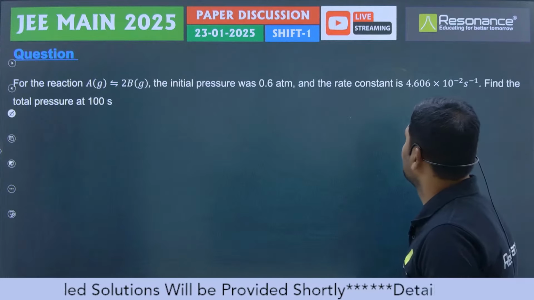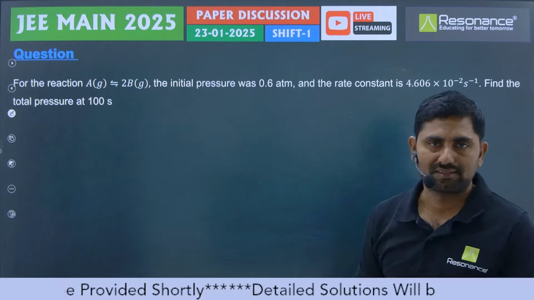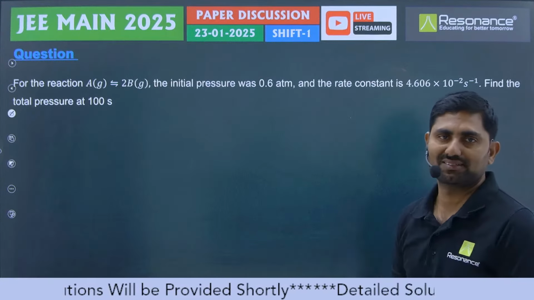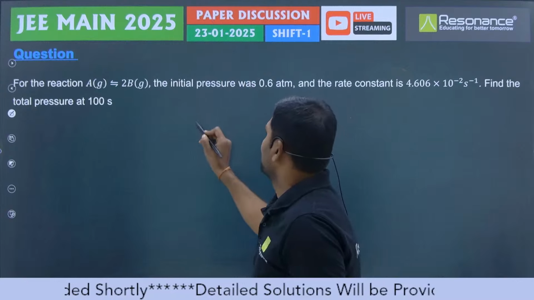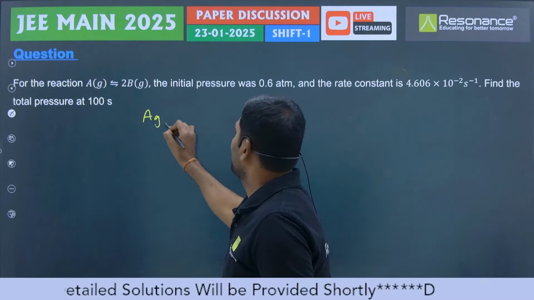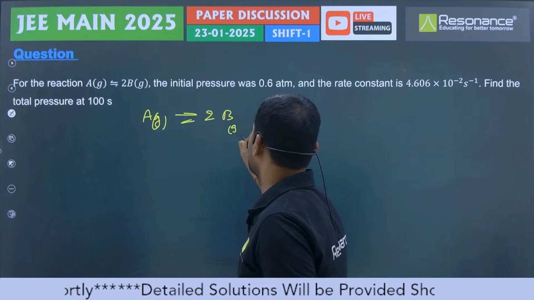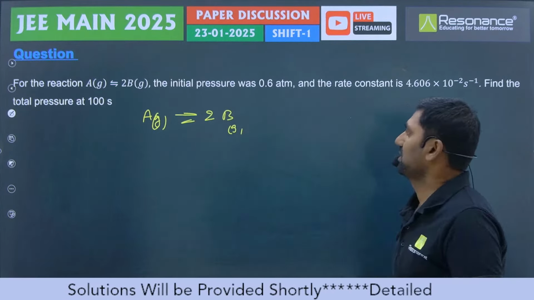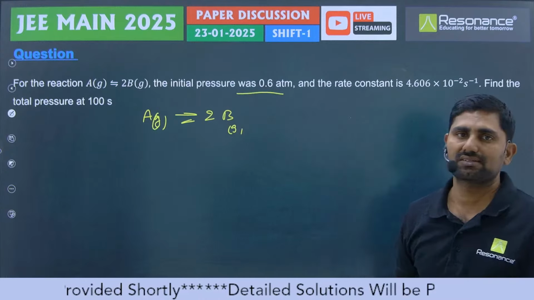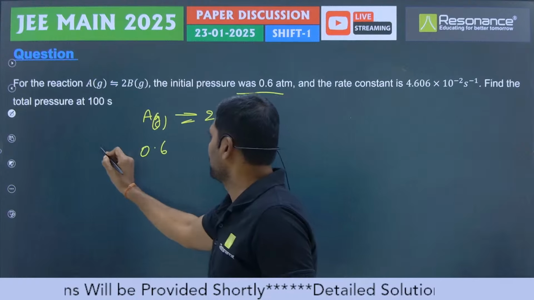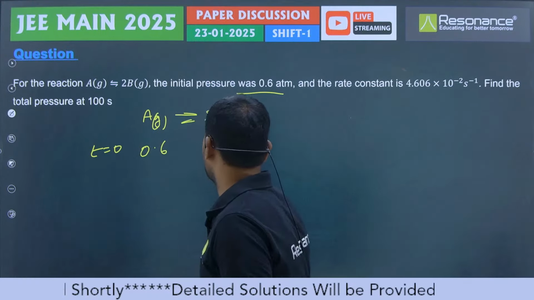Yeah, this is from chemical kinetics. This is an NCERT solved example type question. See, A in gas state gives rise to B in gas state. Initially, how much is given? Initial pressure was 0.6 atm, when t equals 0, the reaction not started.